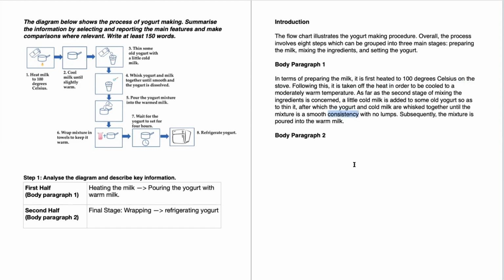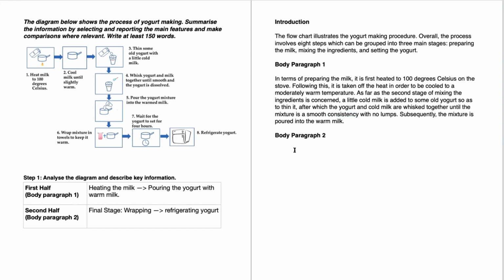I've added this word consistency, and if it is smooth, it will not have any lumps. So I've included no lumps as well, even though that isn't in our diagram. Then I've said subsequently the mixture is poured into the warmed milk. So I didn't add too much, but I just added some nice key phrases about the stove, no lumps, and I just made everything flow a little better.